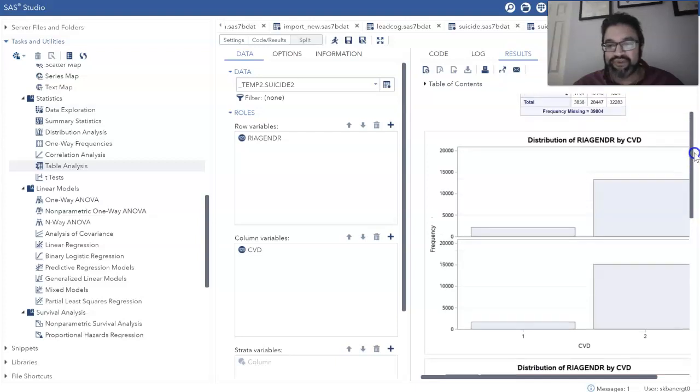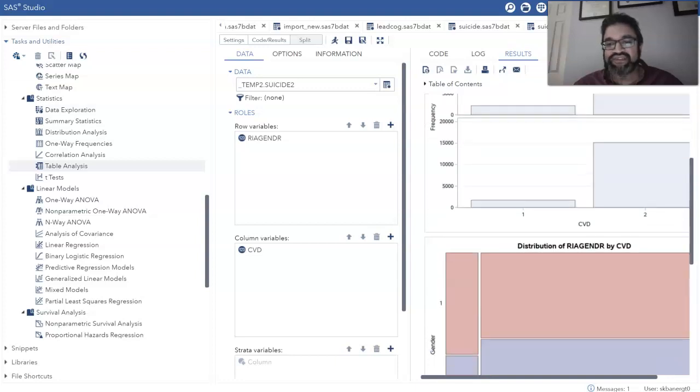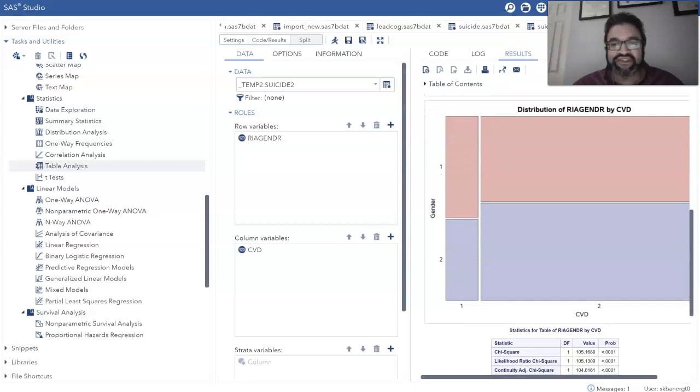So if you look, then this is the distribution. And so there's also an excellent mosaic plot, which is kind of interesting to look at because you can see the proportions, the various proportions as it pertains to the color in this rectangle.